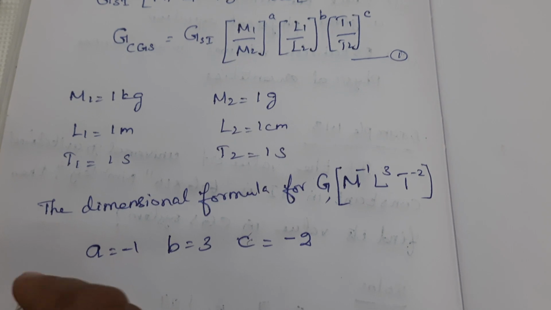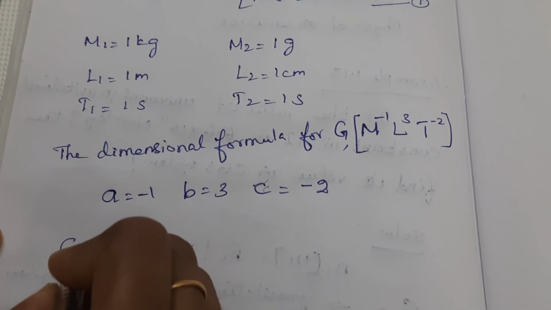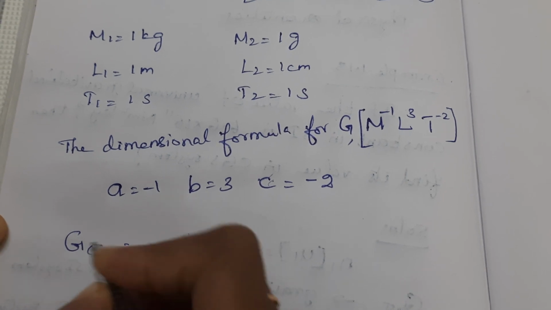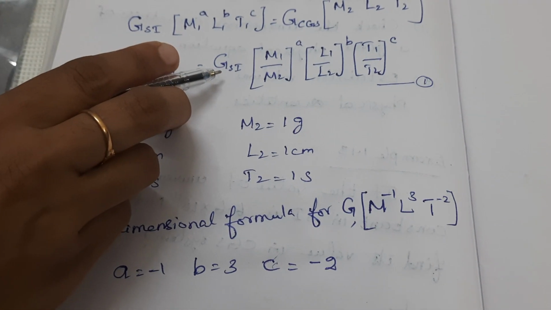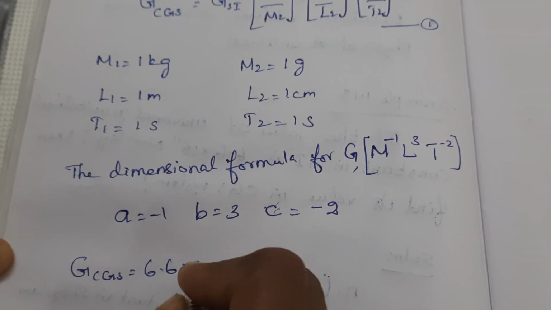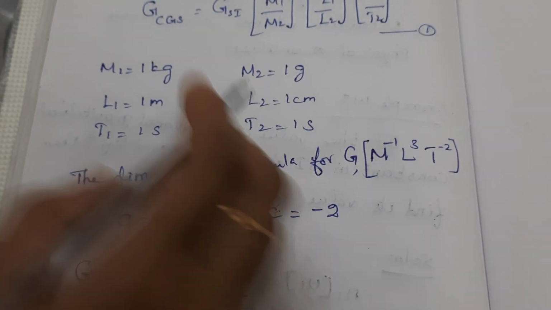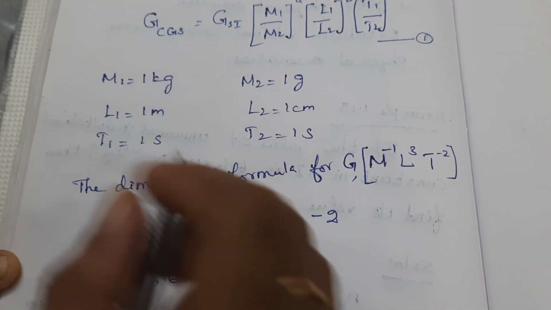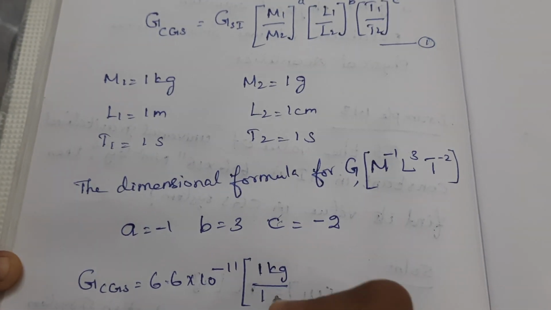So equation 1 becomes G_CGS is equal to, what is G_SI? It is given in the question, 6.6 into 10 power minus 11. M1 by M2. What is M1? 1 kilogram. What is M2? 1 gram.